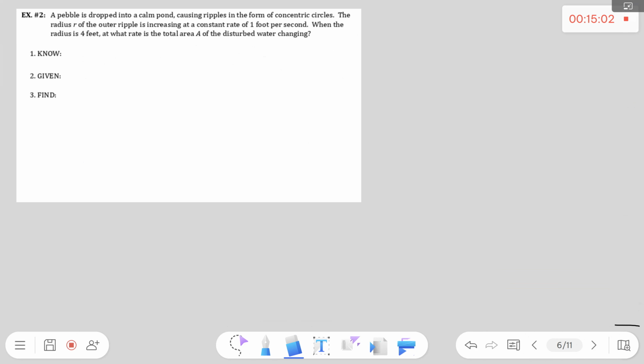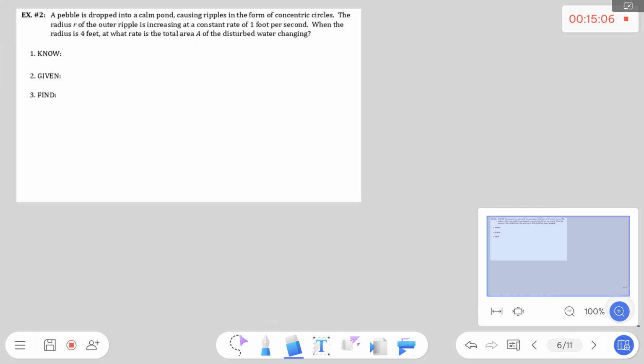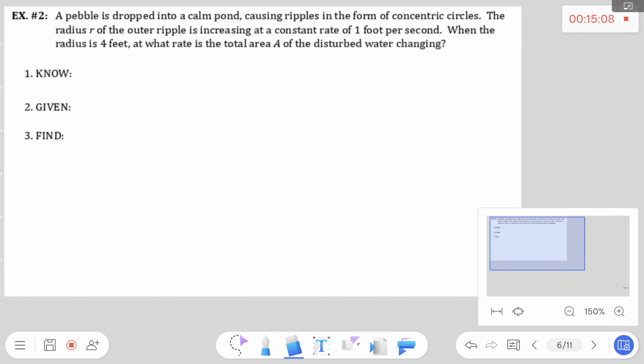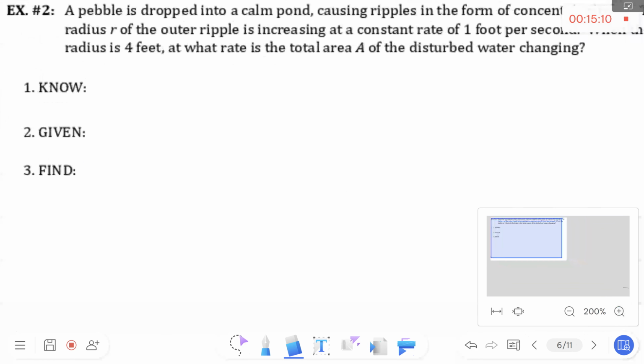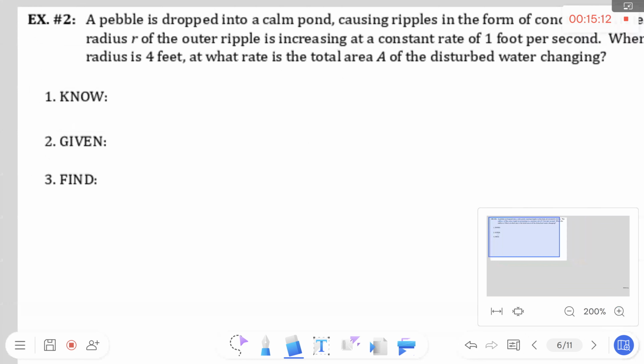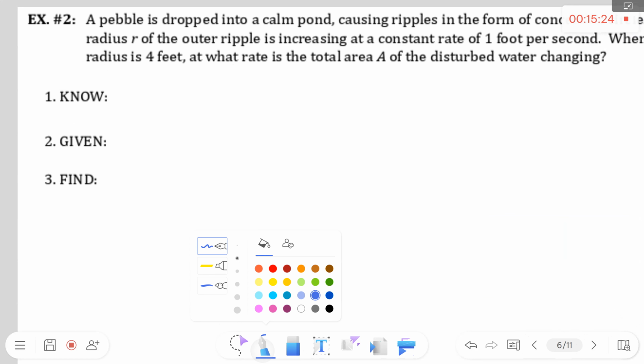Okay, we're looking at what rate the total area of a water ripple is changing. If we've got a water ripple, what equation am I going to use for the area? We need something first before we can take a derivative. If I draw a ripple, like a circle, we need a circle, right?